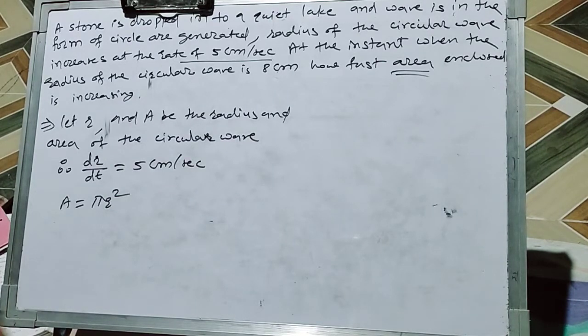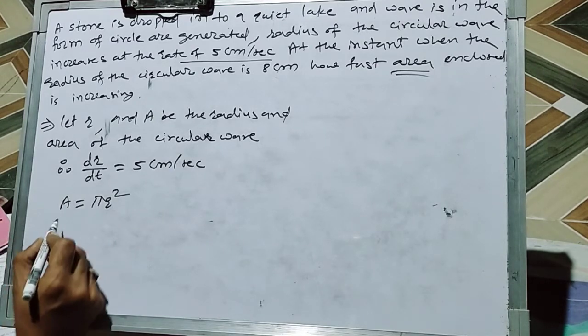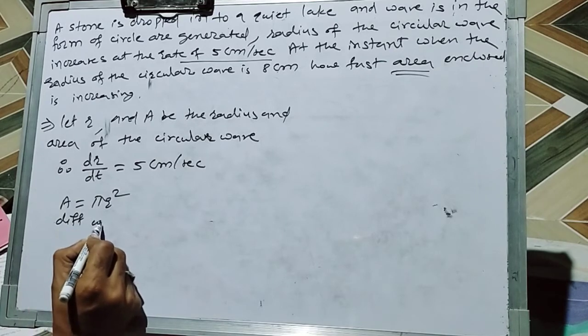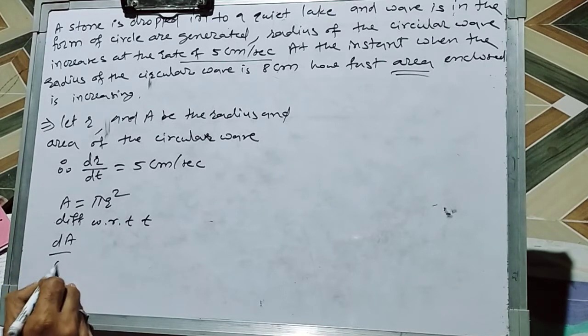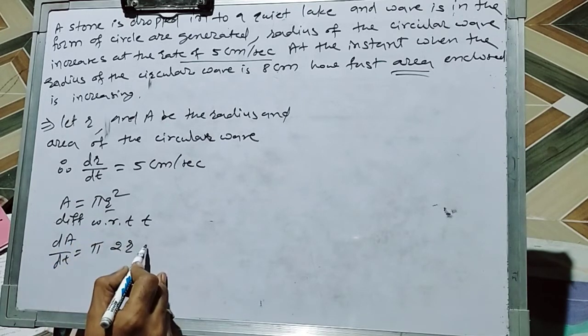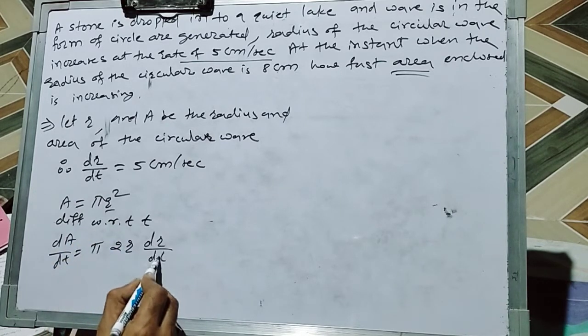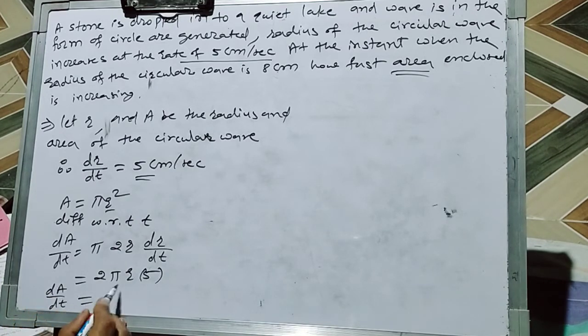Now we have to find the rate of change in area, so we differentiate this equation with respect to t. Therefore dA by dt is equal to pi, the derivative of r square is twice r, into the derivative of r with respect to t, meaning dr by dt. So this is simply equal to twice pi r, with dr by dt being 5 centimeter per second. So dA by dt is equal to 10 pi r.